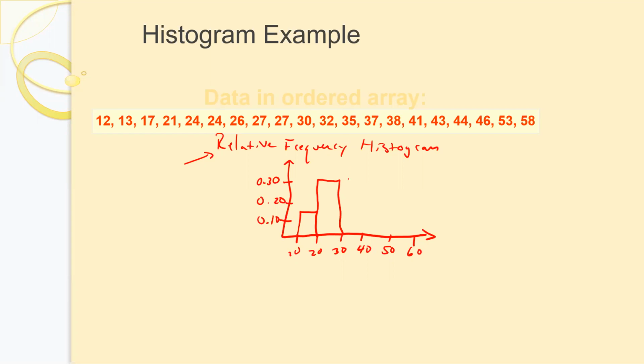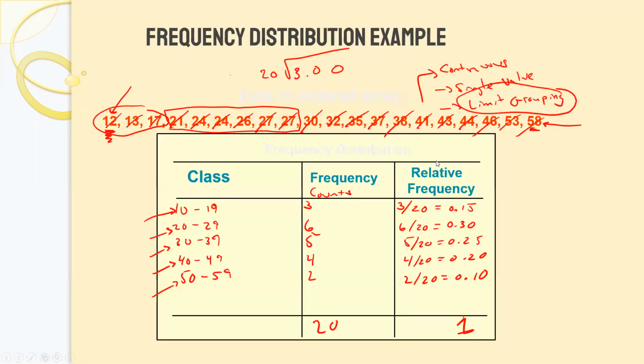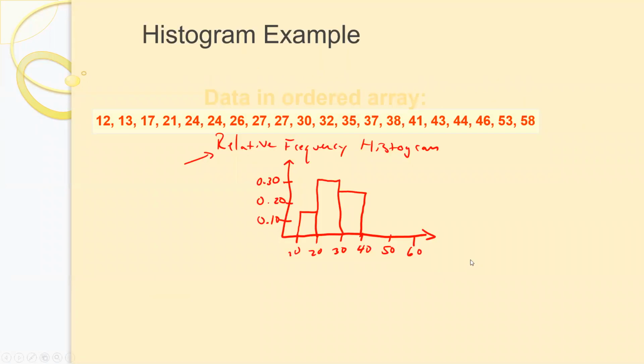The next group, the 30s, there were 25%, so I'm going to go to 25% like this. The 40s was 20%. So here's 20, I'm going to go over. And then finally, the 50s, there was 10 like this. And that's how you did this grouping using the limit grouping, and then drew the histogram of it.